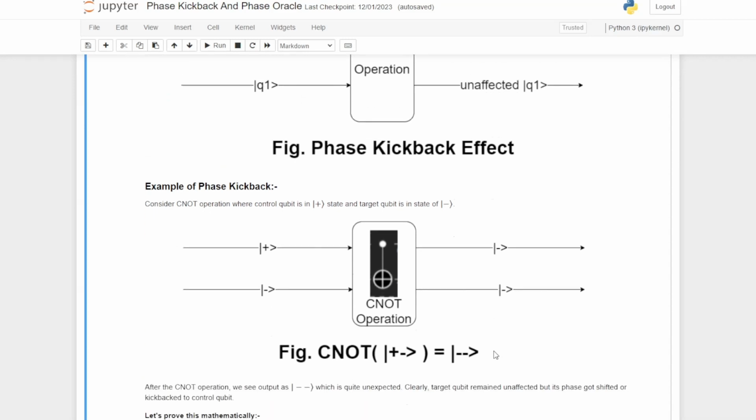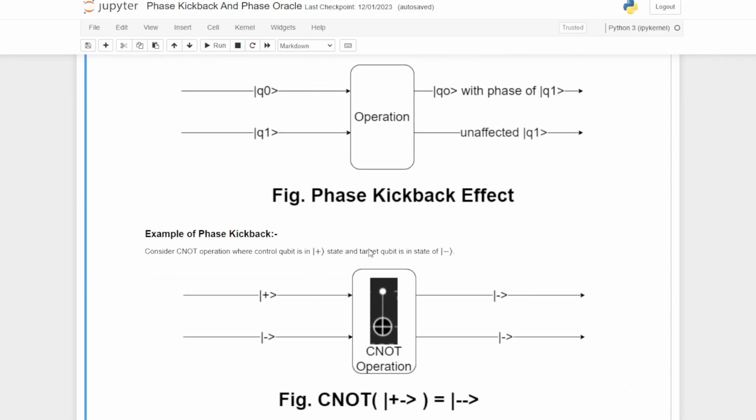An example of that operation is if we make the plus state as control and the minus state as target, then in the output we see that the minus state is left as it is, but the control, which was supposed to remain as it is, got converted to minus, meaning it got the phase of the target.